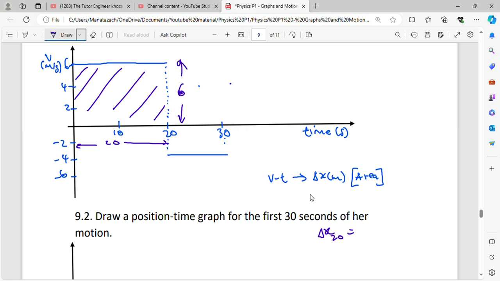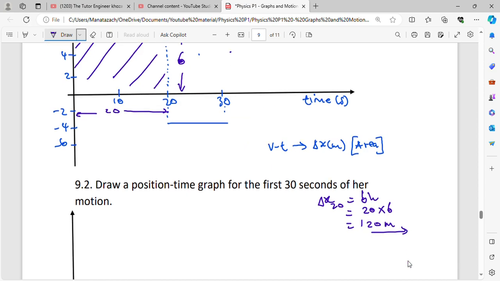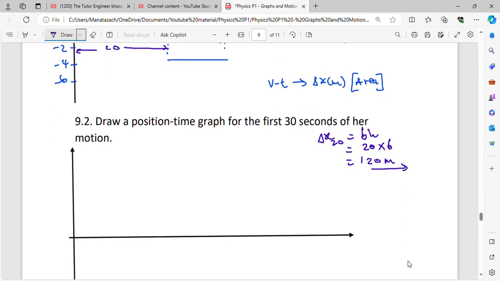So the area is going to be base times height. Our base is 20, height is 6, therefore 20 times 6 is 120 meters. So that will be the displacement after 20 seconds.